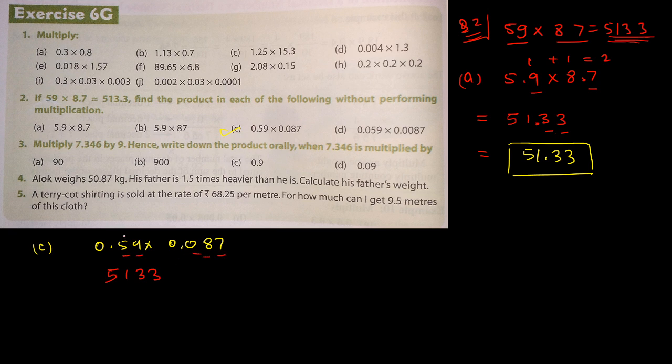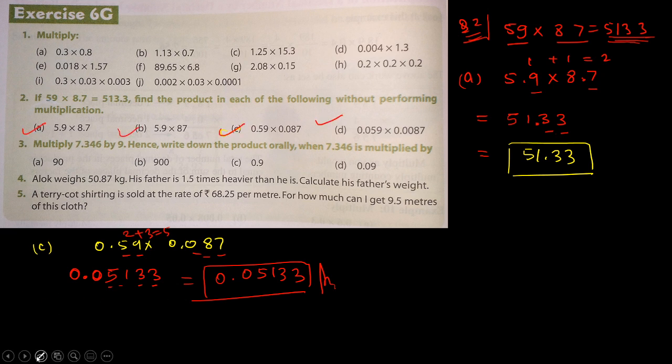Here after 2 digits, so 2 plus 3 is equal to 5. So we have to put the decimal after 5 digits in the answer. But 1, 2, 3, 4, only 4 digits are there. So add a 0 and then put the decimal and this 0 also. So your answer is 0.05133. This is the answer. So do all the parts A, B, C and D in question number 2.